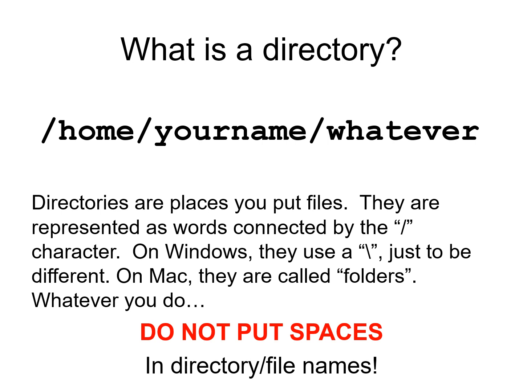Directories are places that you put files. So the way that things are represented, it gives you kind of a map to where you're going. You start at home, and then your name, and whatever is where that file is placed. Windows is going to use a backslash instead of a forward slash, and on Mac they are called folders instead of directories.